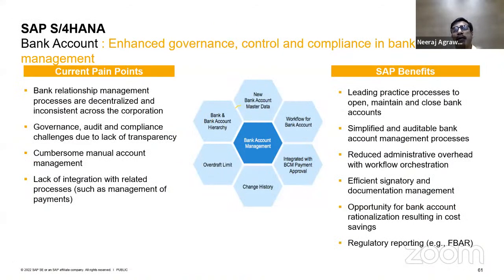Again, from a bank account perspective, in bank relationship management there was earlier a lack of transparency around these processes. Now with the enhanced governance, control, and compliance in bank account management, all these key challenges can be overcome.